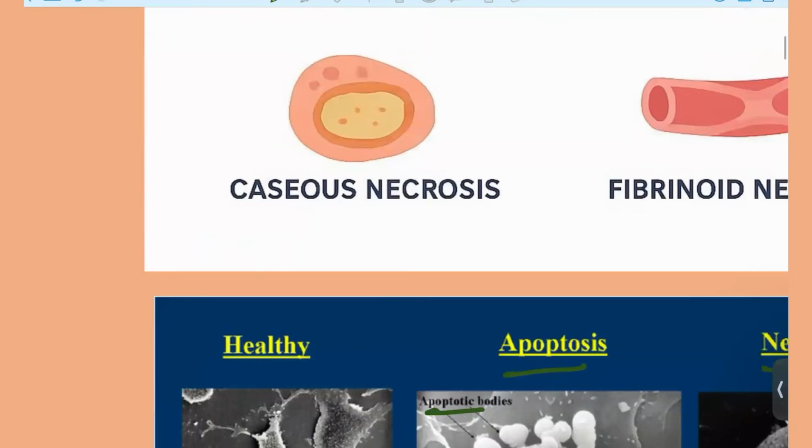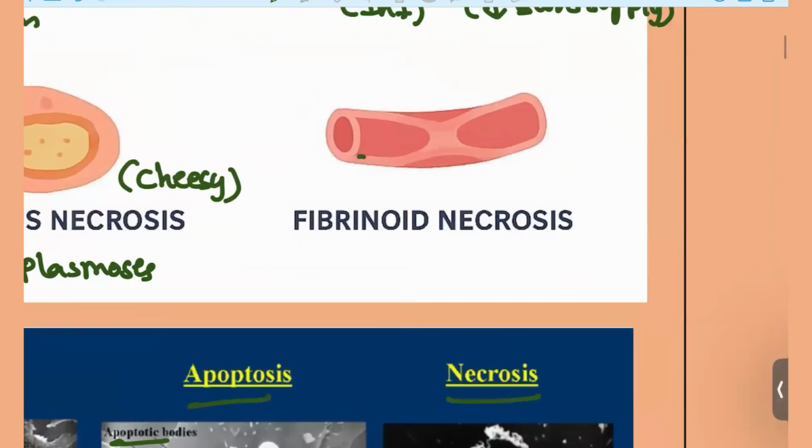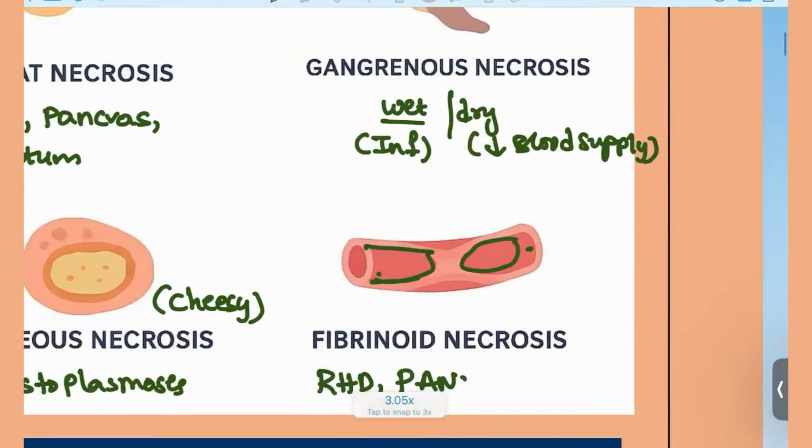Caseous necrosis is also known as cheesy necrosis, and it is associated with tuberculosis and histoplasmosis. And in fibrinoid necrosis, fibrin, this pink structure, will be deposited, for example in rheumatic heart disease and polyarteritis nodosa. These are the common examples of fibrinoid necrosis.